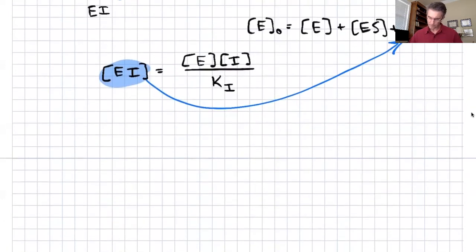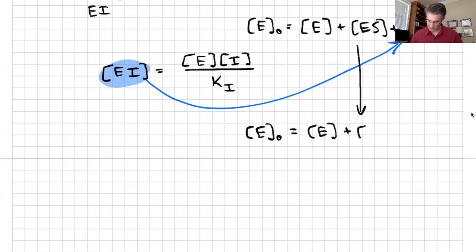So we do that. This expression then becomes: total enzyme concentration is equal to free enzyme concentration plus concentration of ES plus concentration of free enzyme times the concentration of the inhibitor divided by K sub I. Okay, no big deal.